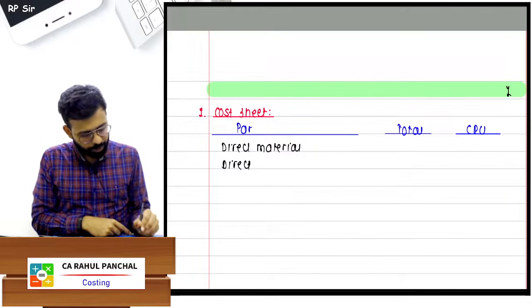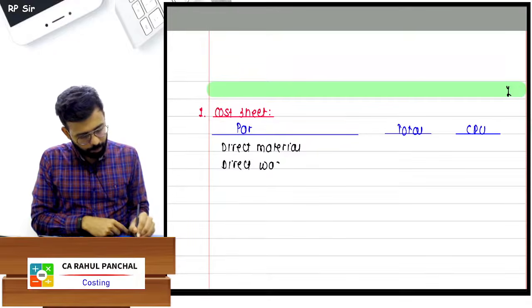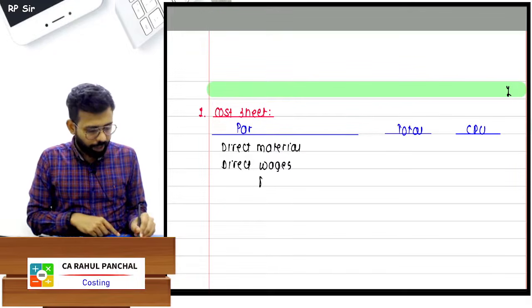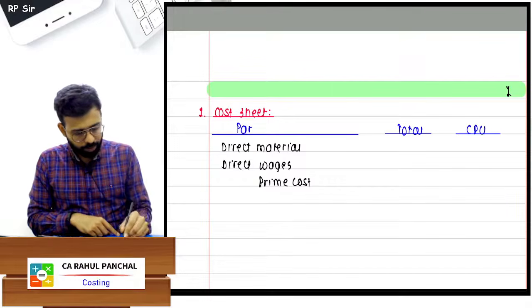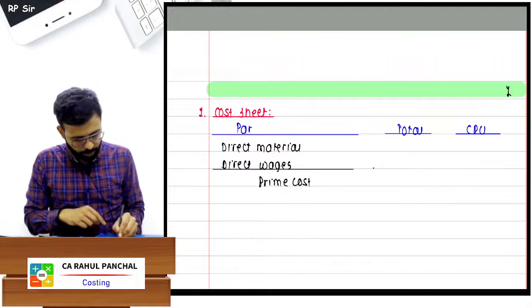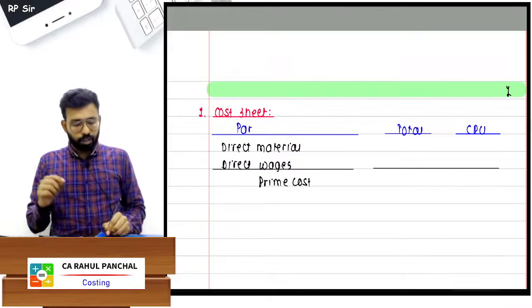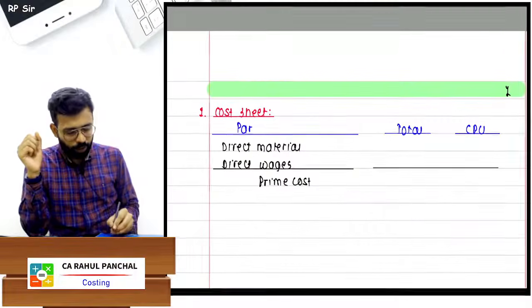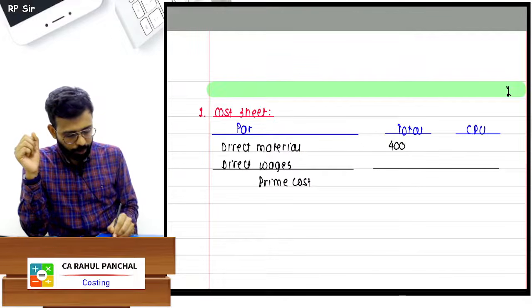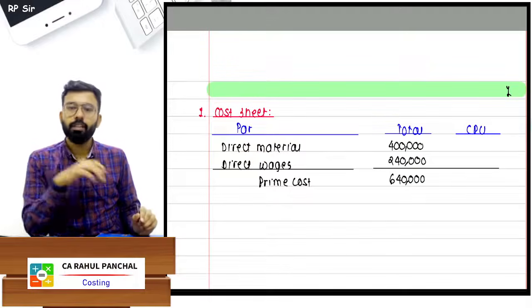Once that is added, the answer which you get will be known as prime cost. If you refer to the question, the values are 4 lakh and 2,40,000. So here it is 4 lakh, here it is 2,40,000, that will become 6,40,000 as the prime cost.